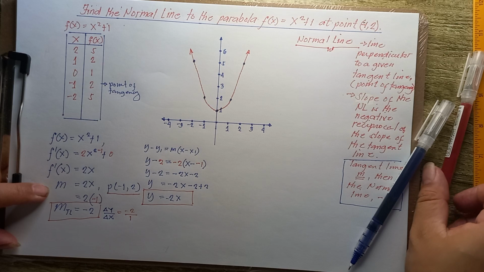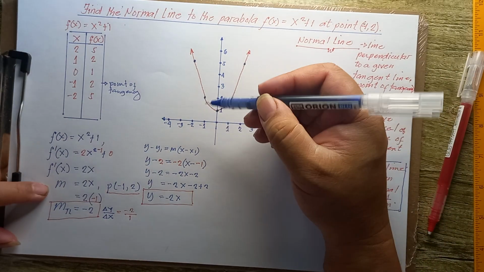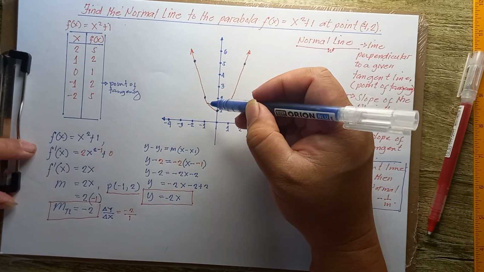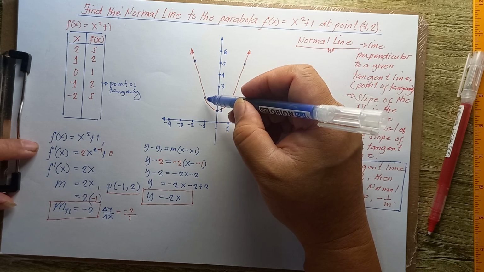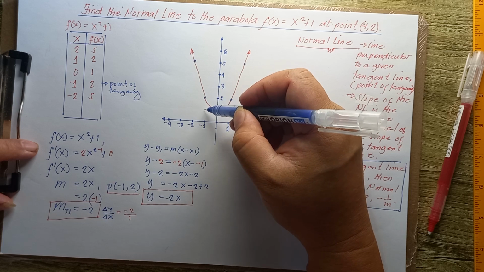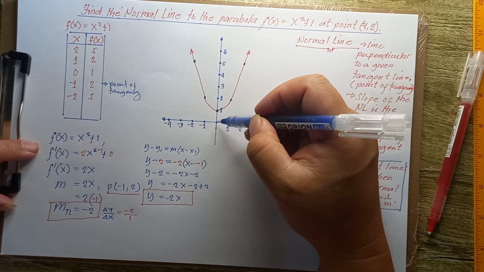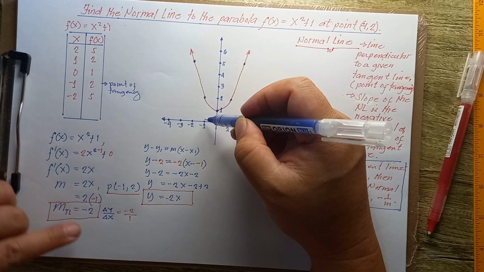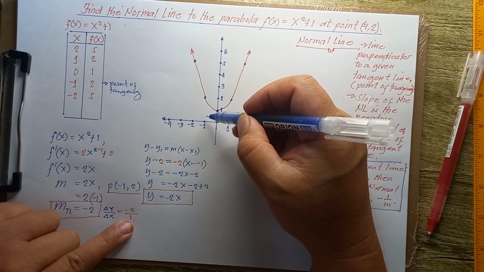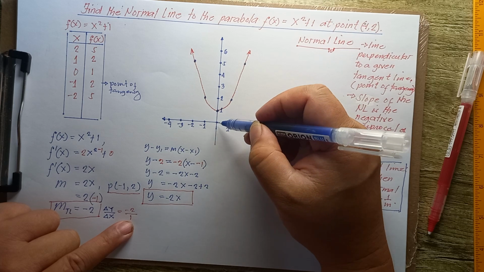Okay, now how are we going to graph from that? Notice that we go down 2 units from the point of tangency. 2 units. Okay, so we have in here 1, 1, 2. Okay, so 1, 2. And then, of course, change of x positive from this one going in here.